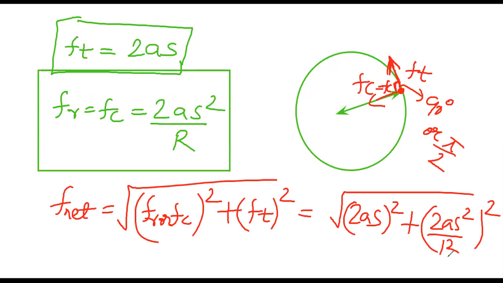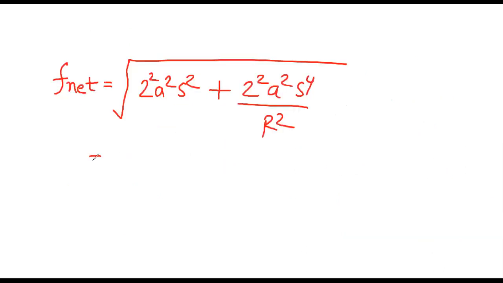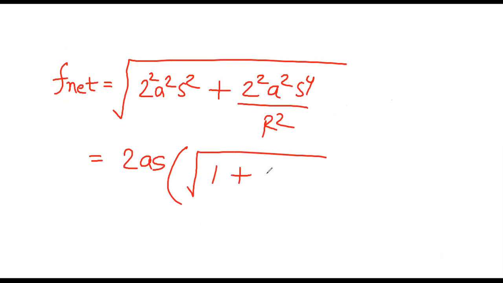If you take the common terms 2a and s, it is under the root of 1 plus s square upon r square.